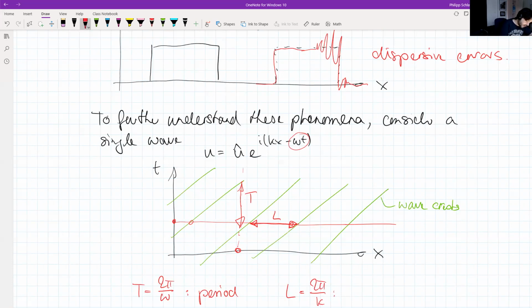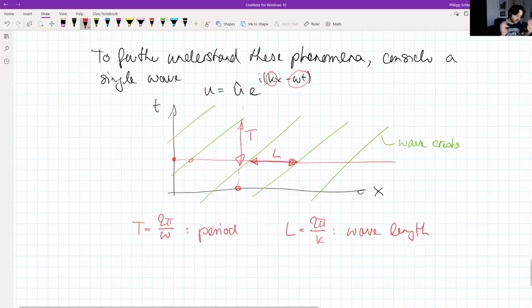And this would be the wavelength. Okay, so far so good. I guess that's nothing new to any of you.